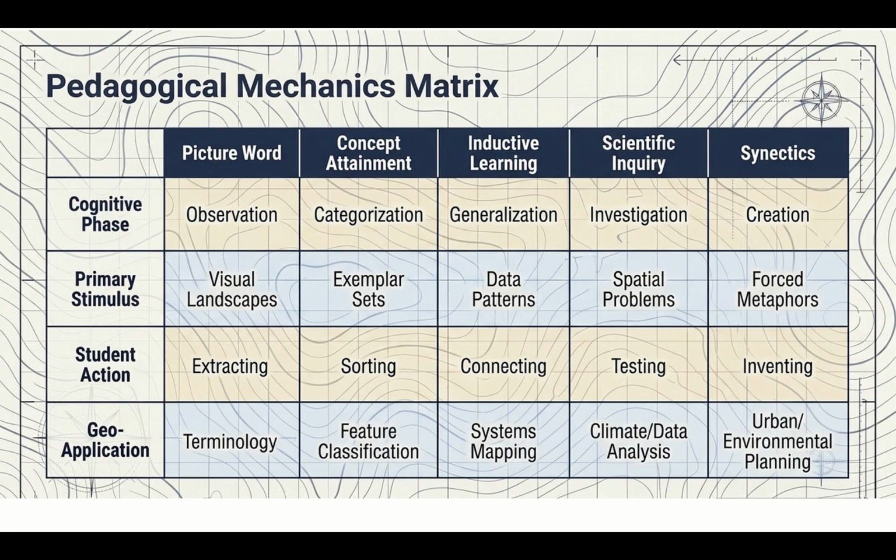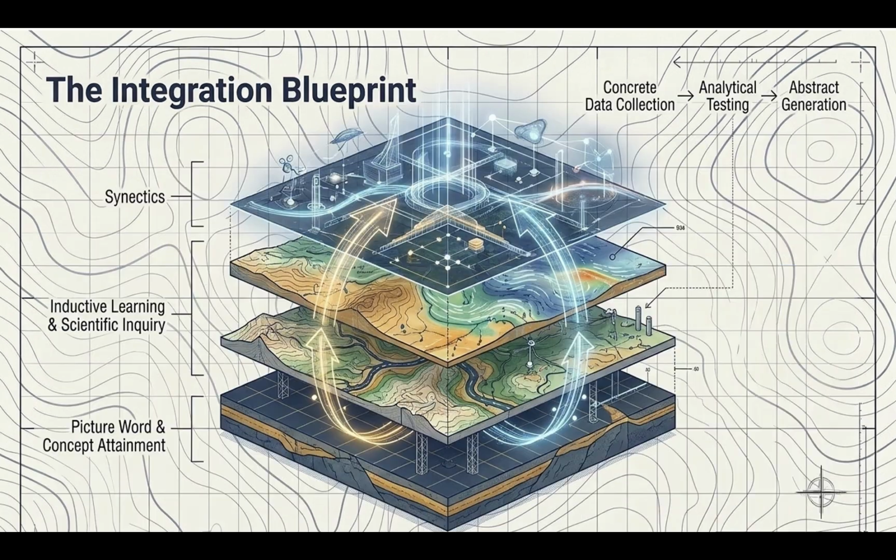Students use forced metaphors and analogies to invent solutions for urban and environmental planning. Therefore, each model has a distinct function, but together they create a continuous learning process. The next slide illustrates how these different functions are integrated into one complete learning blueprint.